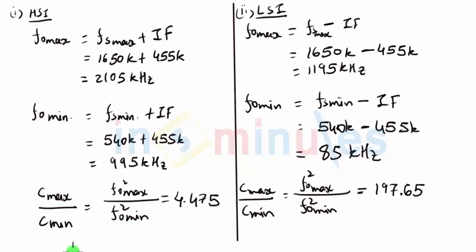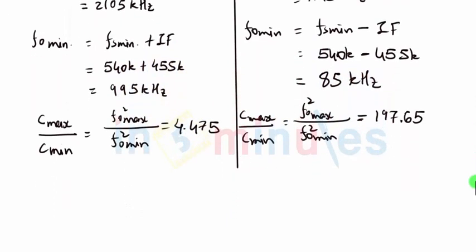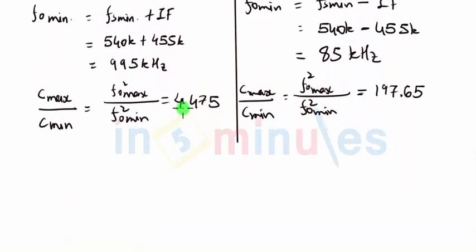Let us now draw the final conclusion and justify why HSI is used over LSI. The ratio Cmax by Cmin in HSI comes out to be 4.475 and the same ratio in LSI is 197.65.